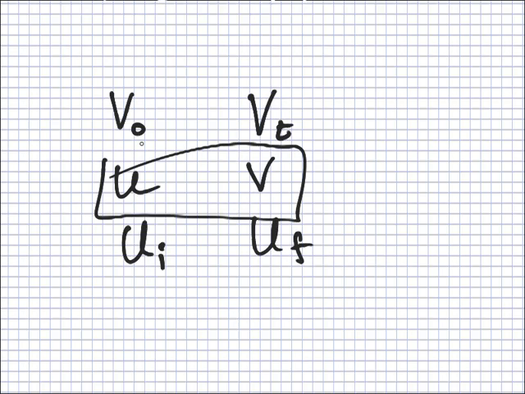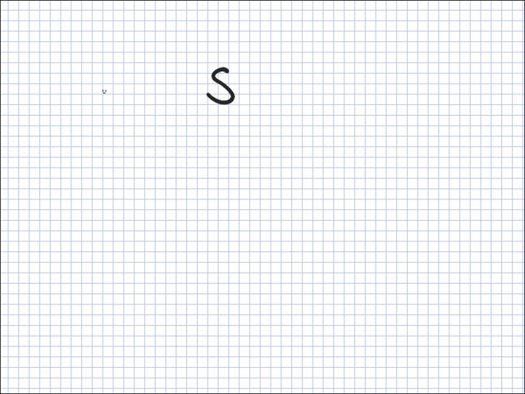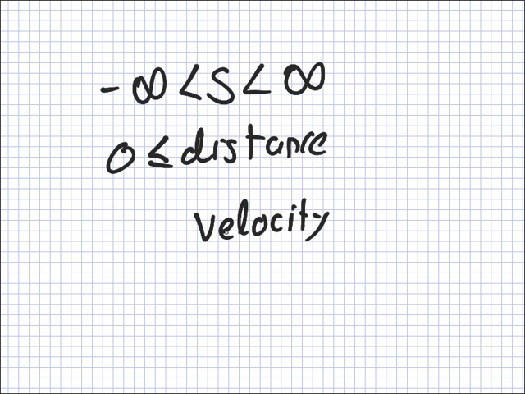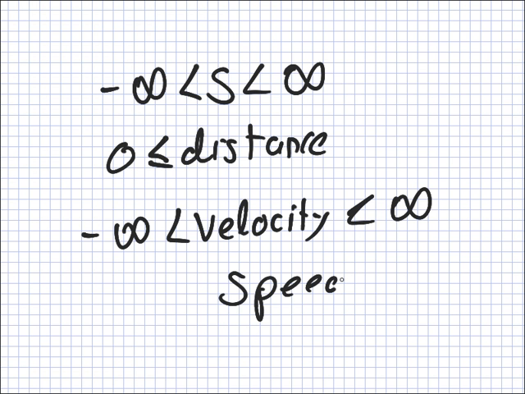What I'm saying is S can be between this and this, but distance must be bigger than this. And velocity, like U and V, can be this, but speed must be this.